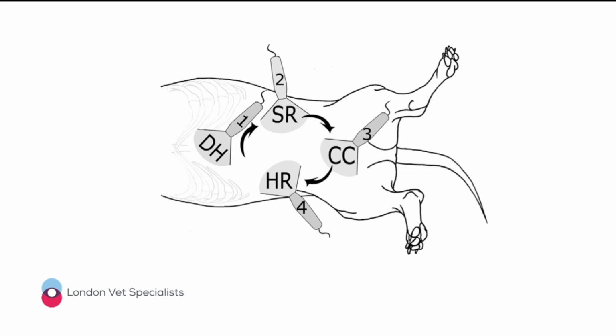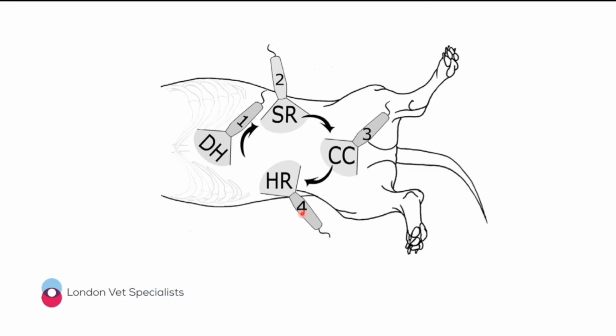So region 4 is the most dependent part of the abdomen. It's the part where fluid is going to pool with the patient in lateral recumbency, because the fluid is always going to follow gravity. So I can't think of too many instances where you're going to see fluid in regions 1 and 2, but not in regions 3 and 4.